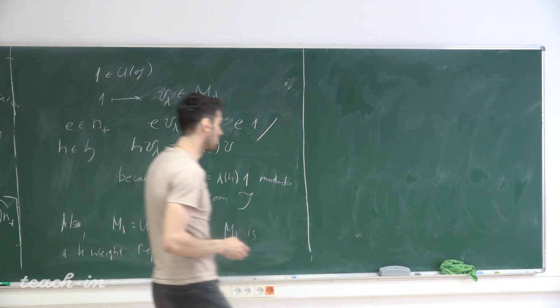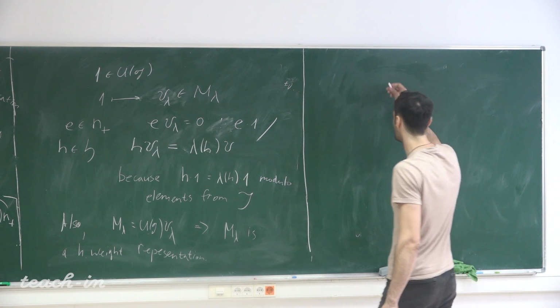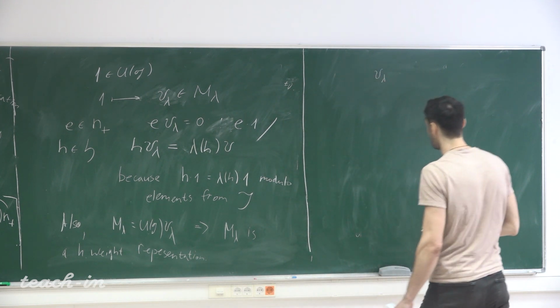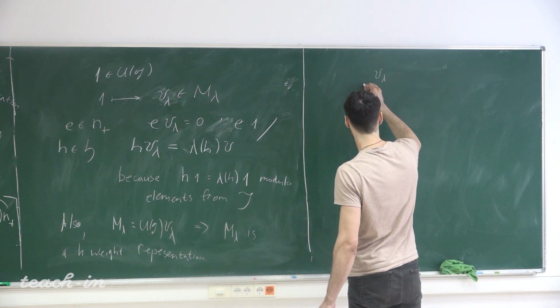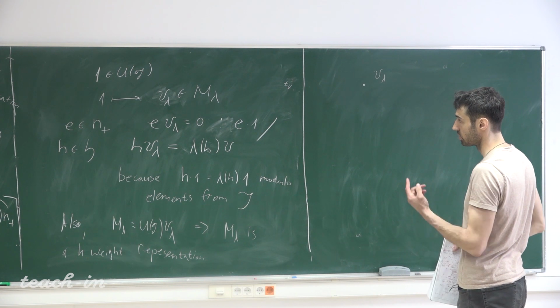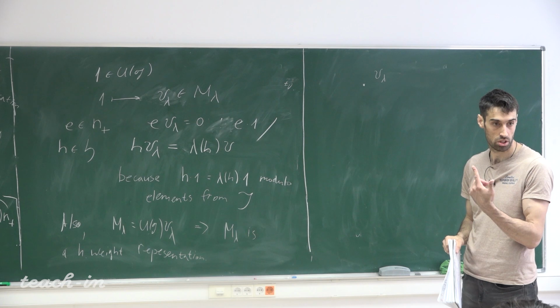So I choose my V lambda, some vector. Then n minus is one-dimensional, right?